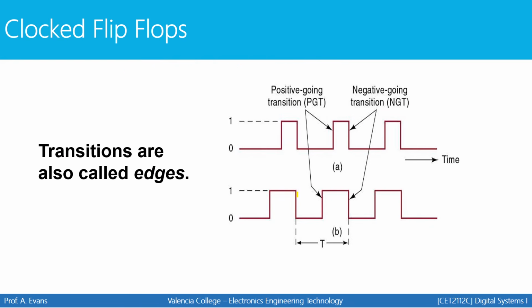Transitions are also called edges, so you'll hear that term used interchangeably. Again, remember that when the clock signal goes from a 0 to a 1, we call that a positive going transition, or a PGT. When it goes from a 1 to a 0, we call that a negative going transition, or an NGT.